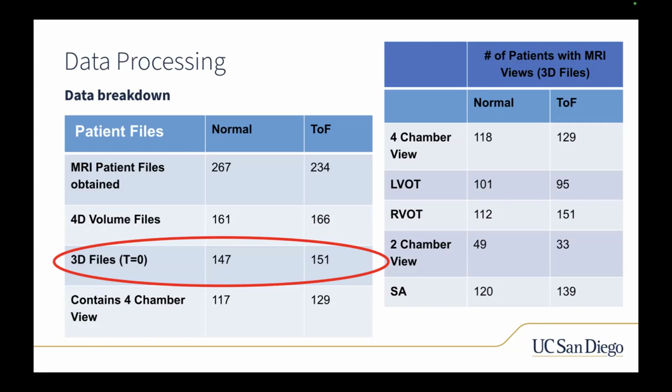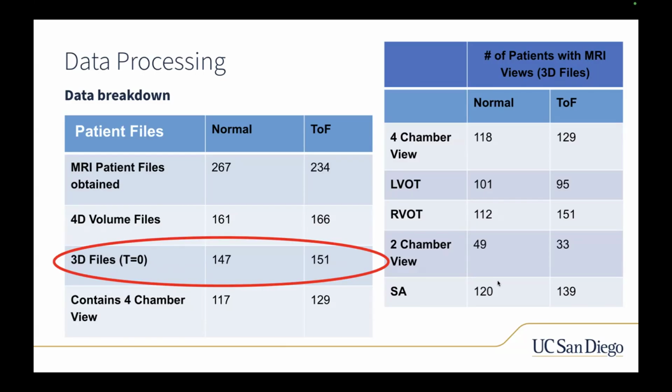You can see those more in the four-chamber view than in the LVOT, RVOT, two-chamber, or SA views. Additionally, the four-chamber view had enough data that we could put it through a model, versus something like the two-chamber view, which only had about 50 patients.